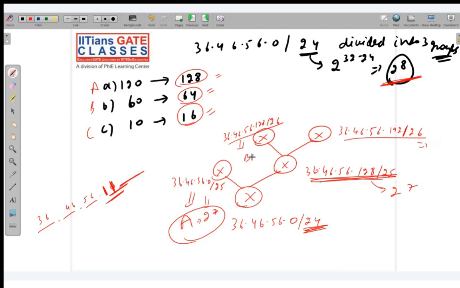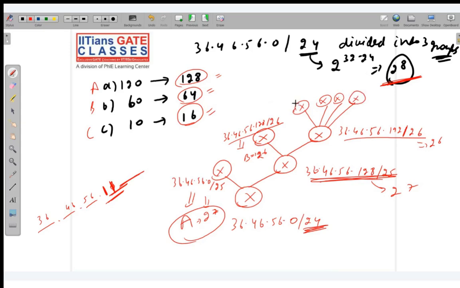So organization B has got 2 power 6 IP addresses, and you want only 16. 16 into 4 is 64, so you will divide it into 4 groups. It's your choice whichever group you want to give to organization C. So I will take this.